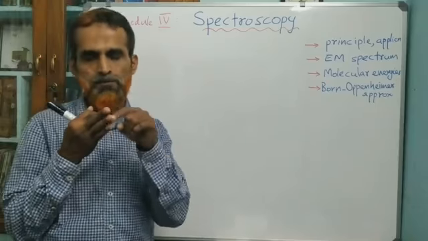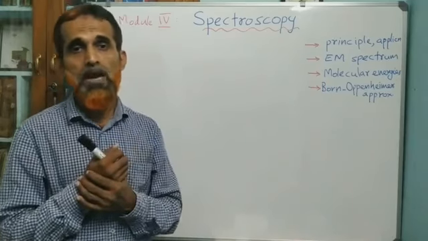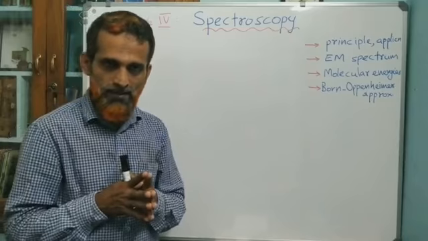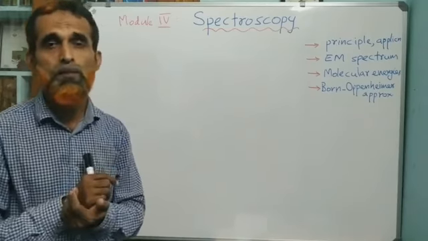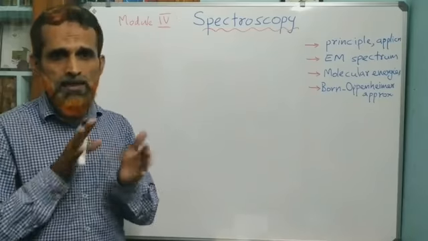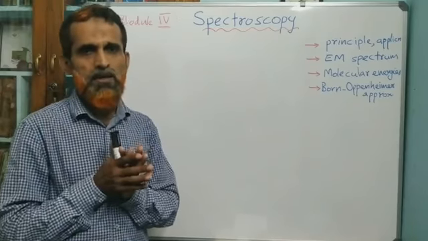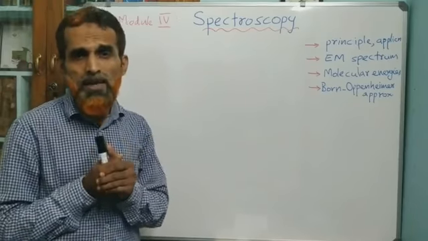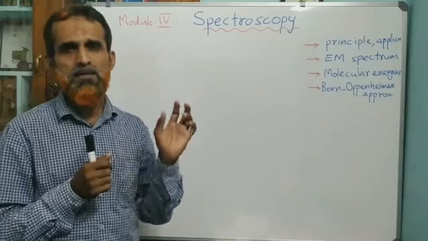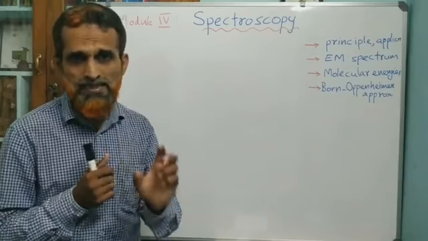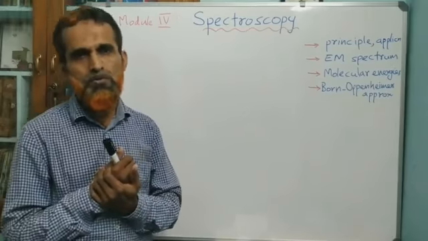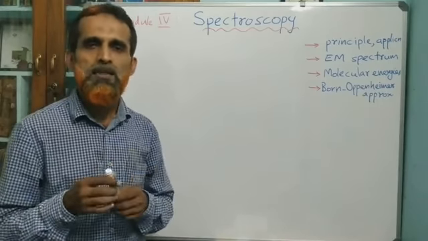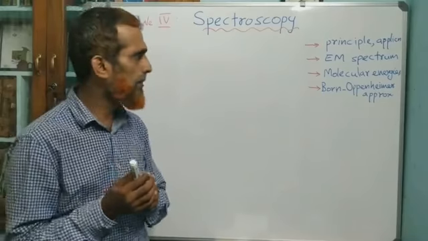These are the three types of spectroscopy which we have to discuss in detail. But before we go into detailed discussion of individual spectroscopic techniques, let us discuss various important basic ideas and concepts which should be familiar to you for understanding these techniques.